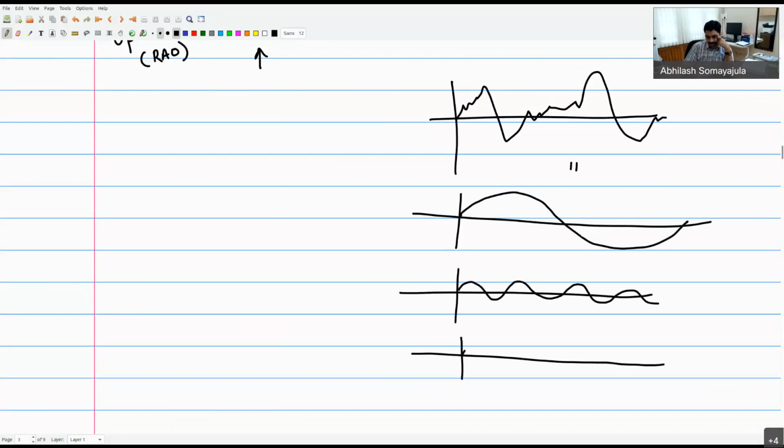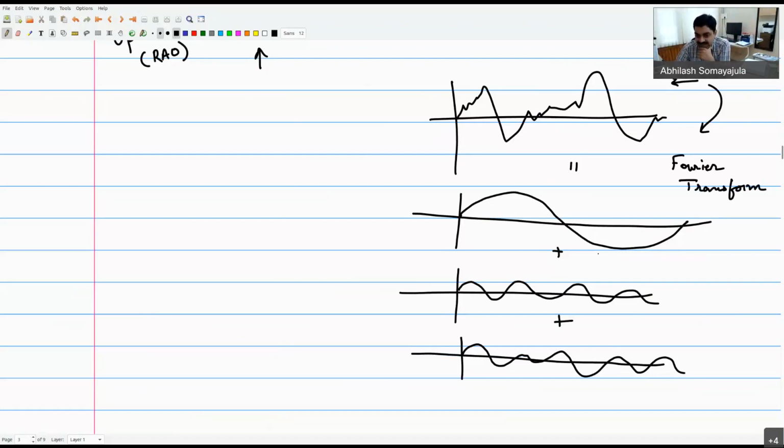I may have something like that. So I just add all these regular waves in order to get the so-called irregular wave. And this process of decomposition is called Fourier transform, right? So I'm basically looking at what are the Fourier components in a signal.